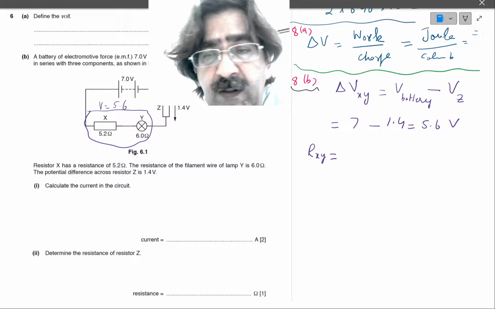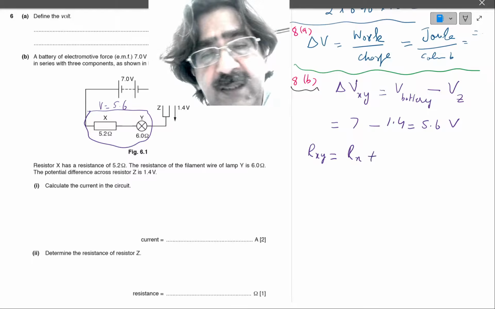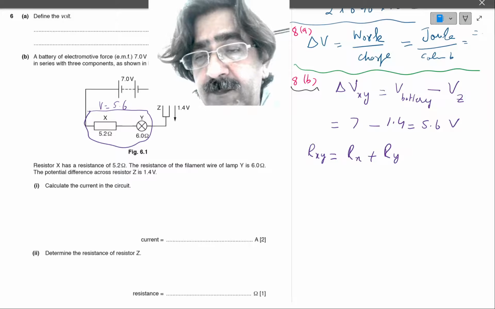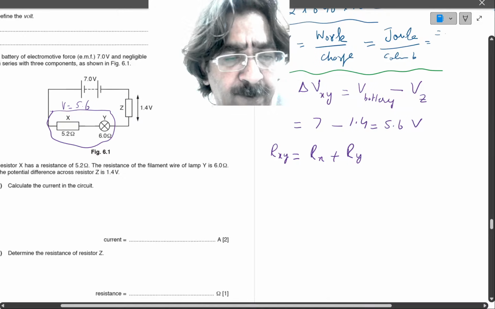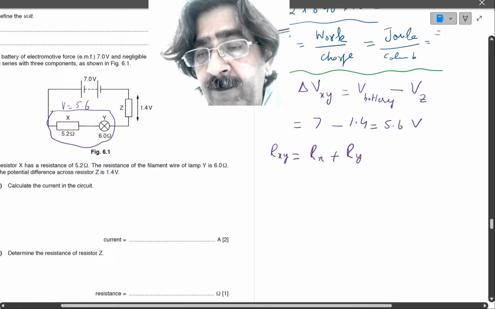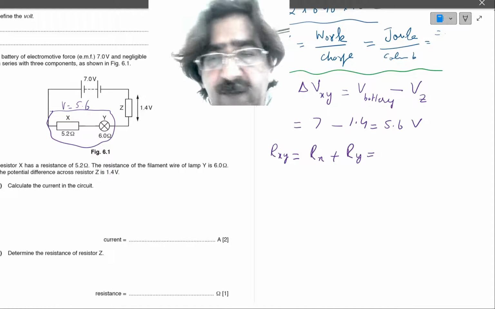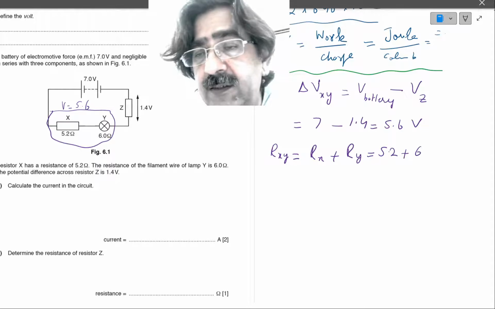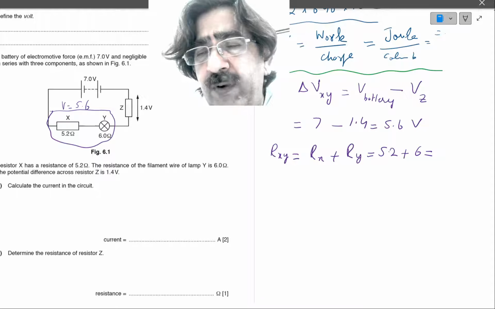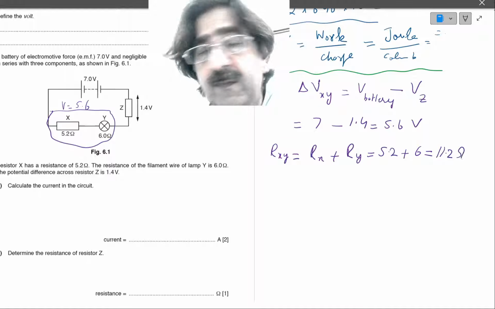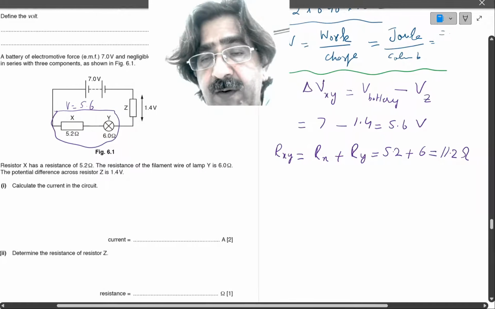So R X plus R Y: R X is 5.2, R Y is 6, so the total is 11.2 ohm. So the resistance will be 11.2.